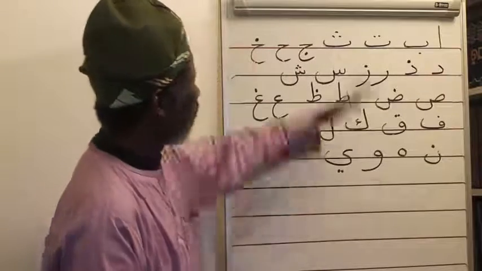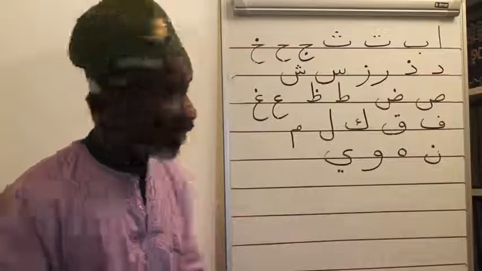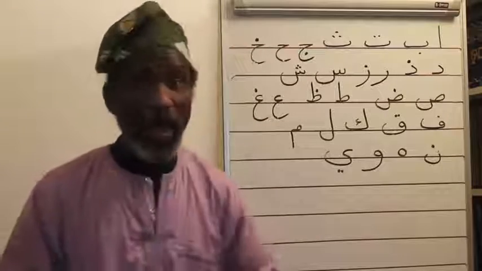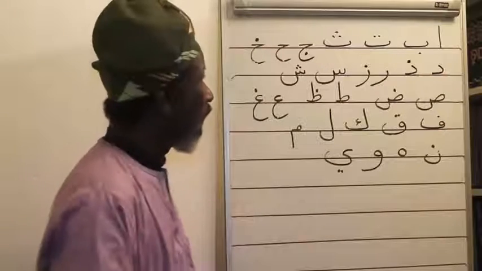Now, if we count, there are 28 letters in the alphabet. Let's go through them. You have them on page 3 of the book. Now, together, let's read it.